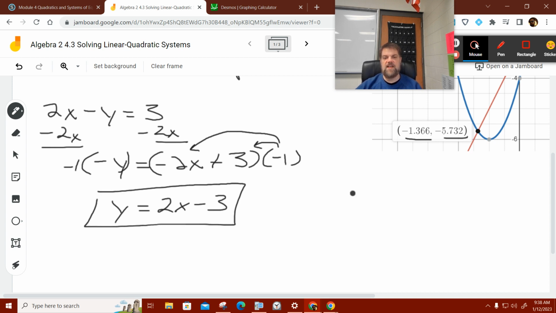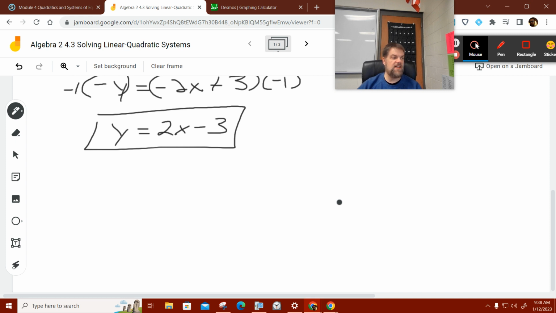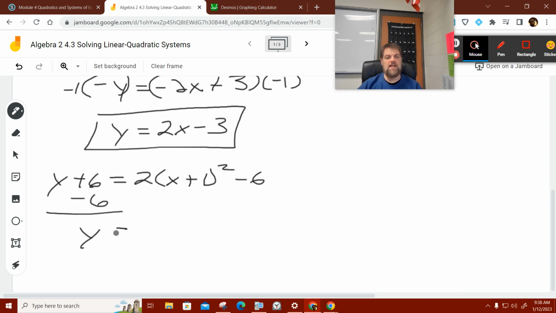Okay. Now the second equation, I'm running out of space, but not really. I'm going to say y plus 6 is equal to 2 times the quantity x plus 1 squared. Now I'm going to subtract 6 from both sides. And I get y is equal to 2 times the quantity x plus 1 squared minus 6.